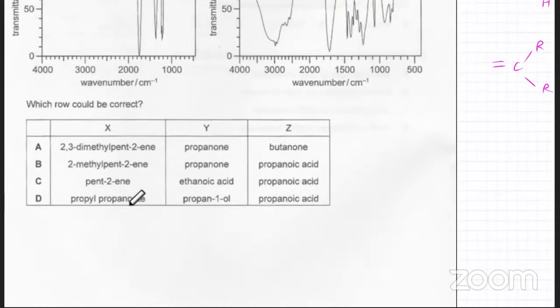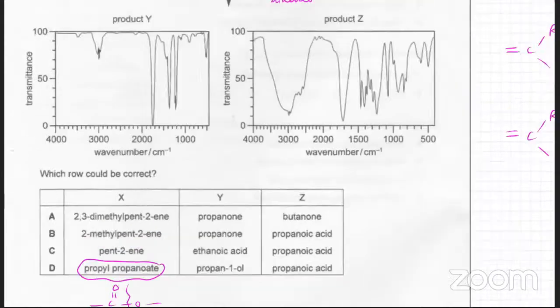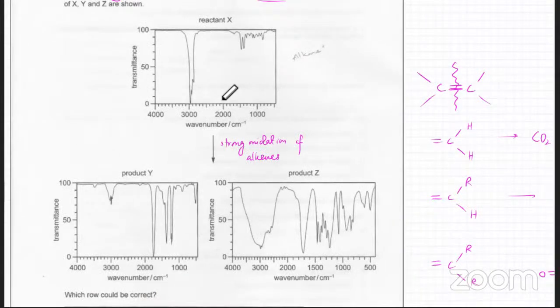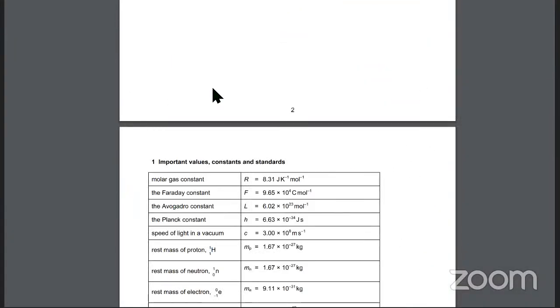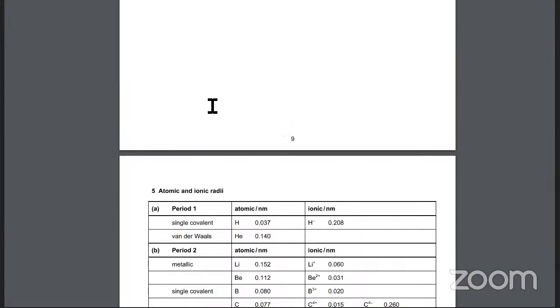The fourth option is an ester, and we can eliminate esters very quickly. Option D can be eliminated very quickly. Esters have a C-double bond O group and an O in the middle. An ester also splits into 2, turning into a carboxylic acid and an alcohol molecule. But it can't be an ester, because if you look at the infrared spectrum of the original molecule, if it were an ester, and let me open the data booklet, TK, where's the infrared spectrum?